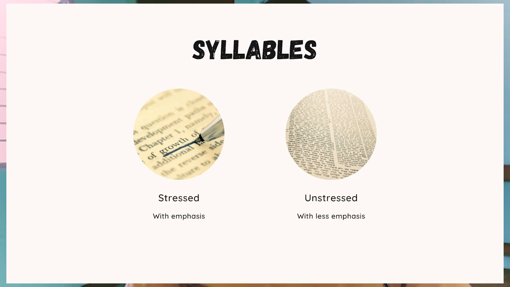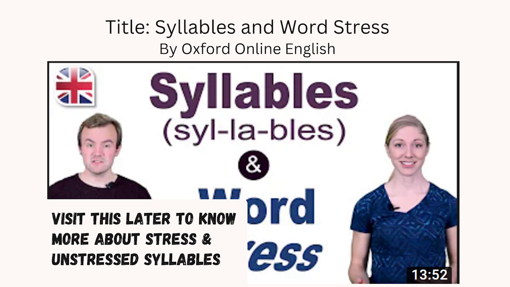The opposite of that is the unstressed syllable, which is a part of a word that you say with less emphasis. To understand more about stressed and unstressed syllables, I recommend you watch this video after you watch this video. See the link in the description about the video recommendation.